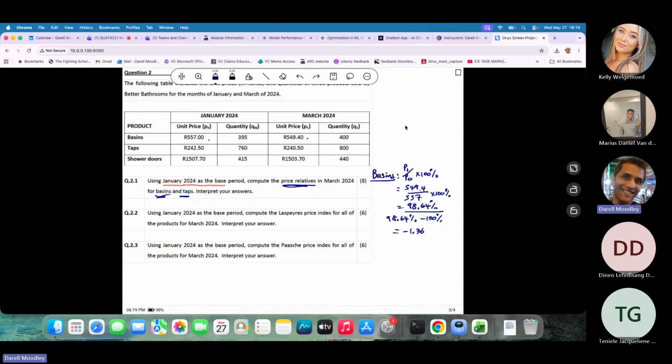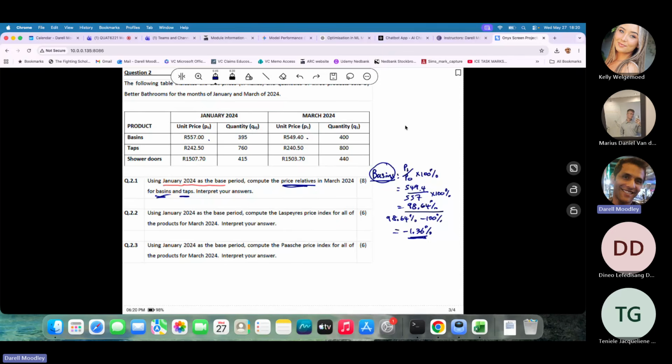All that's telling you is that the price of basins has decreased by 1.36% from January to March. You need to state what I just said. I'm not going to write it out, but just make a note of that. Anyway, I'm recording this so you can watch it again. So remember to make that statement to interpret your answer: the price of basins has decreased by 1.36% from January to March.